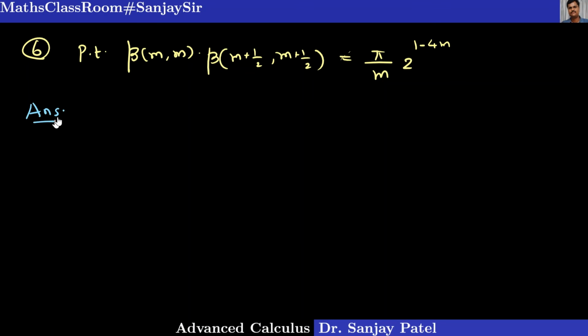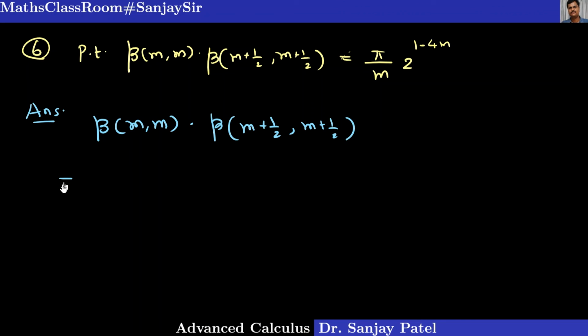So it is just a matter of simplification. We'll start with the left hand side. Here, beta of m comma m into beta of m plus 1 by 2 comma m plus 1 by 2.